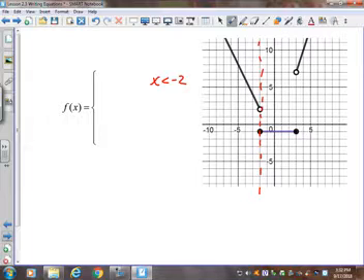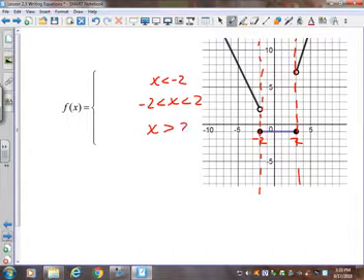Then our second piece starts on -2 and goes to +2. So that's a between. And when you have 3 pieces, you're going to have a between the greater than and the less than part. And then your last one is going to be x is greater than 2 because it's to the right of the last vertical line.